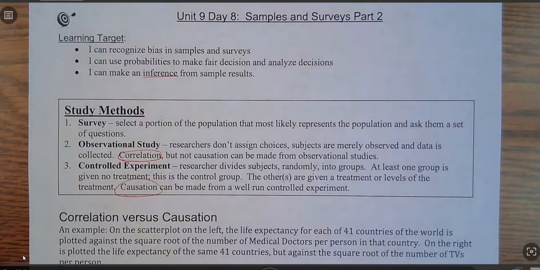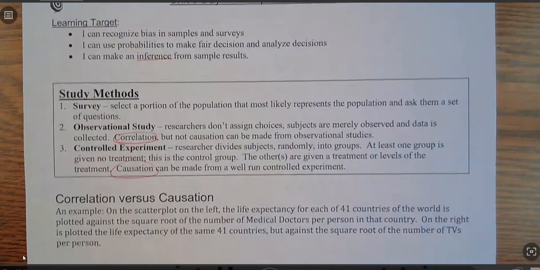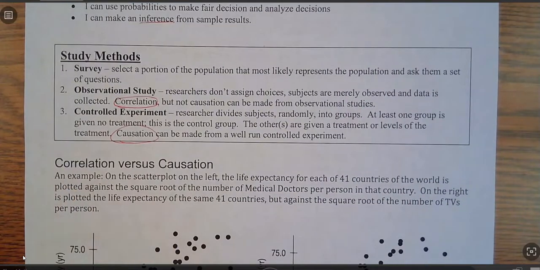Okay, so what's the difference between correlation and causation? Here's an example, just showing you what happens if we make the wrong inference.